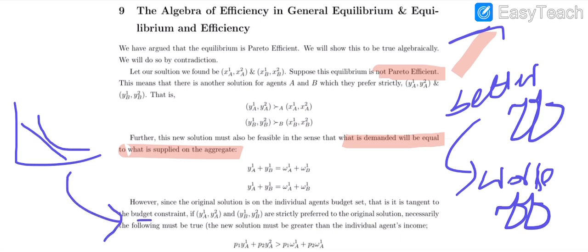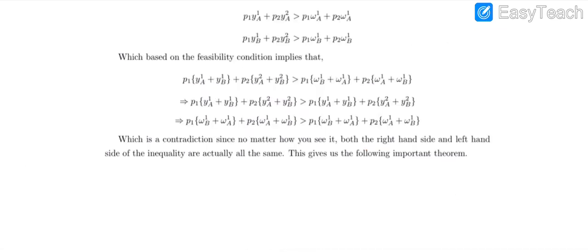If the budget constraint is given and we prefer the original solution, what will be the solution? Let's say A's demand is higher than its supply and B's demand is also higher than its supply. Then what condition will apply?